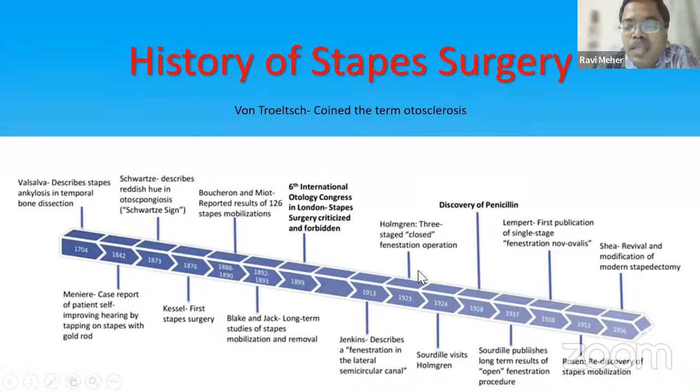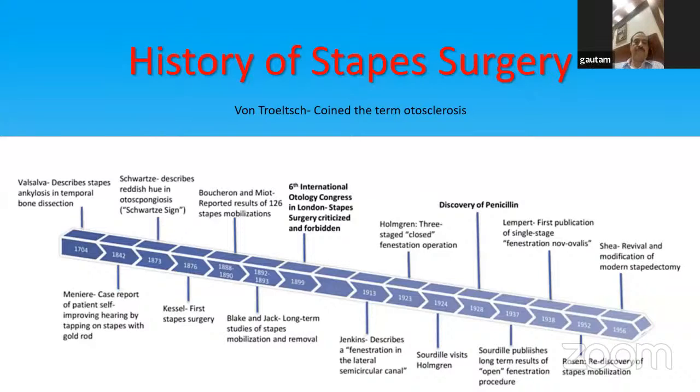The real action in stapes surgery came when Holmgren started doing the 3-staged fenestration operation, followed by Sourdille, who performed a 2-stage, and then Lempert. Lempert was the first person to perform the fenestration operation in a single stage, and he was the most famous otosclerosis surgeon in his time.